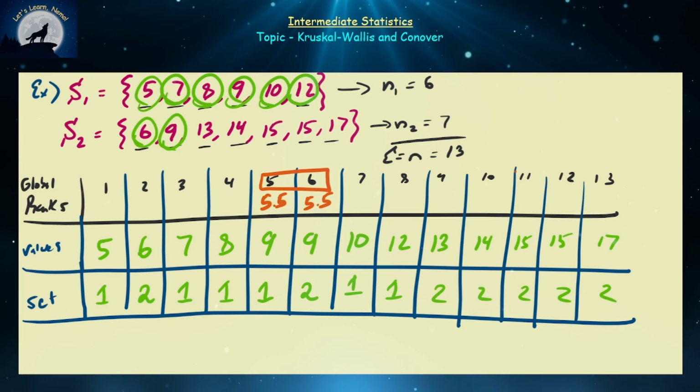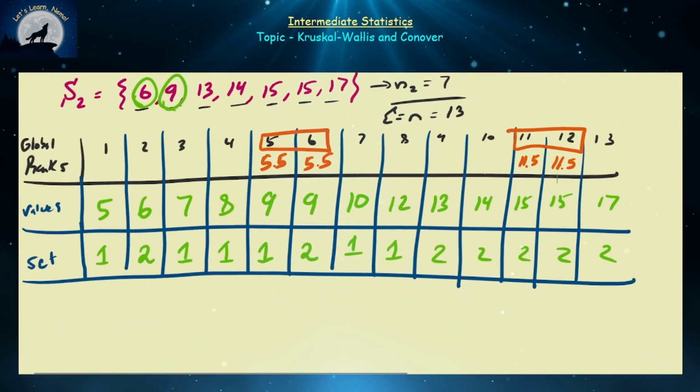And of course we have another tie down here between ranks 11 and 12. Even though they belong to the same set, you still need to break those ties. So we're going to have 11.5 and 11.5 for those two values, right? And obviously 11 plus 12 and 11.5 times 2 still add up to the same total rank, so we're not going to have any issues in that regard.